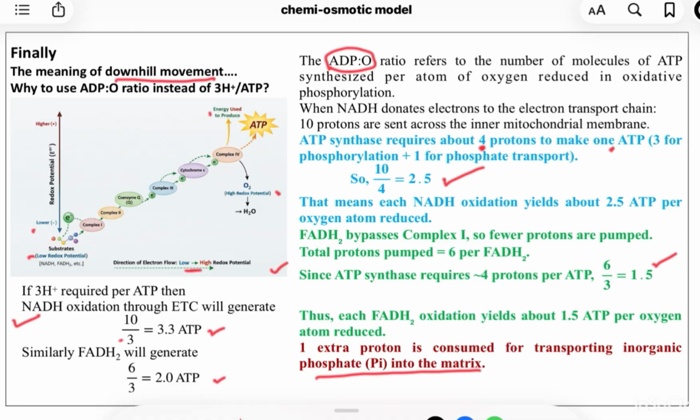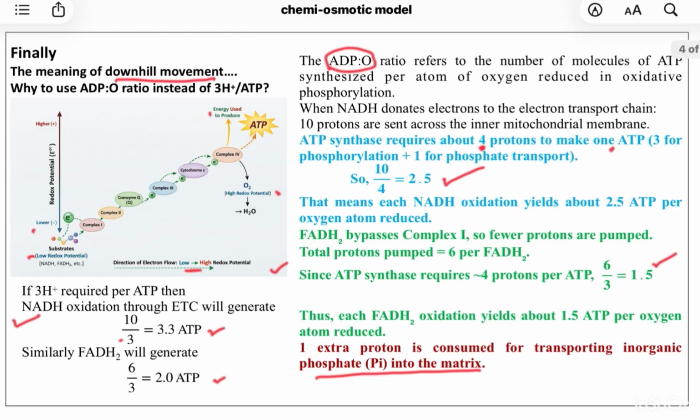Now, the last important question which you may ask is, why should FADH2 give a lesser ATP when compared to NADH, whether it is 3:2 or it is 2.5:1.5? The answer is simple. FADH2 is oxidized by complex 2. So, the 4 protons which have been transferred by complex 1, that is NADH dehydrogenase, cannot be utilized for ATP production by complex 2.